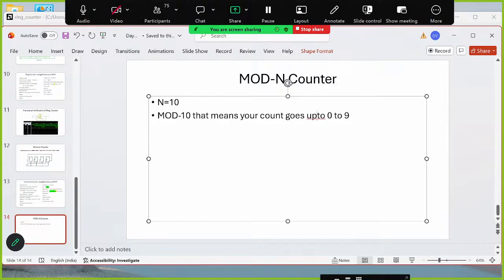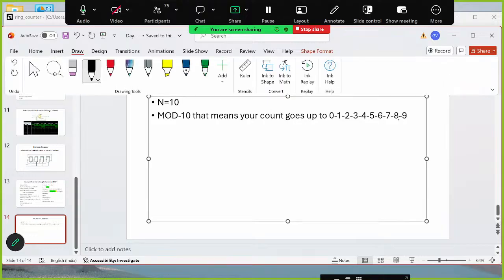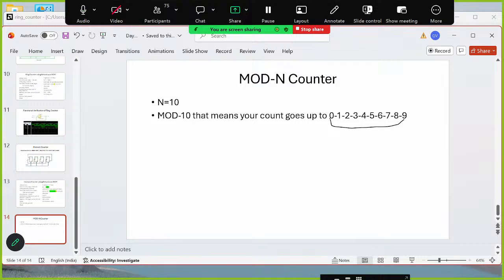It goes up to 9, and again it will come back from 9 to 0. So it will count like this: 0, 1, 2, 3, 4, 5, 6, 7, 8, 9. And after that, it will come back to the same position, that is 0. It will start with the same position, that is 0. That is what we mean by mode counter.